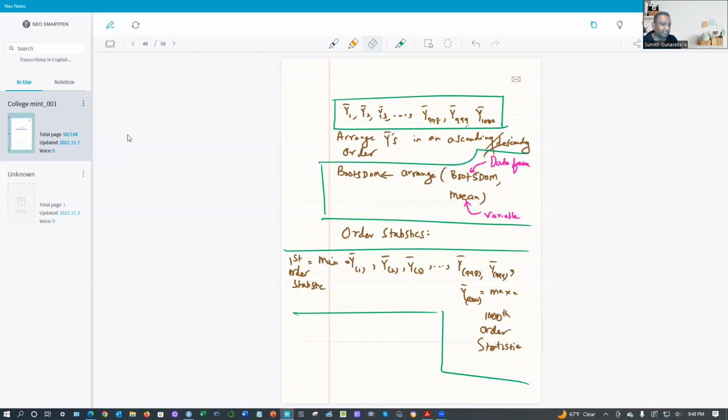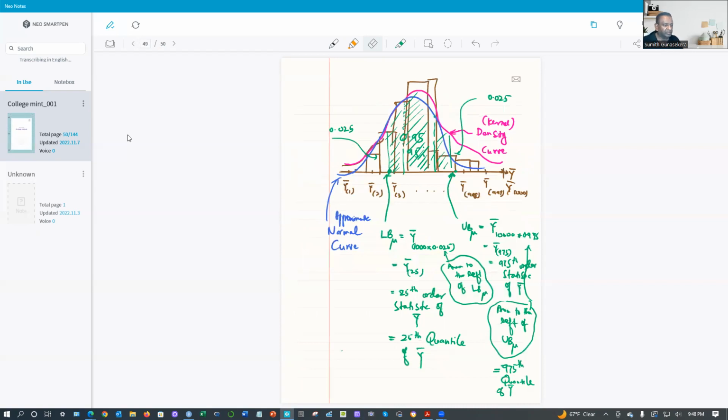Then you go ahead and find your bounds, the upper bound and the lower bound. Upper and lower bounds, you can easily get from this.